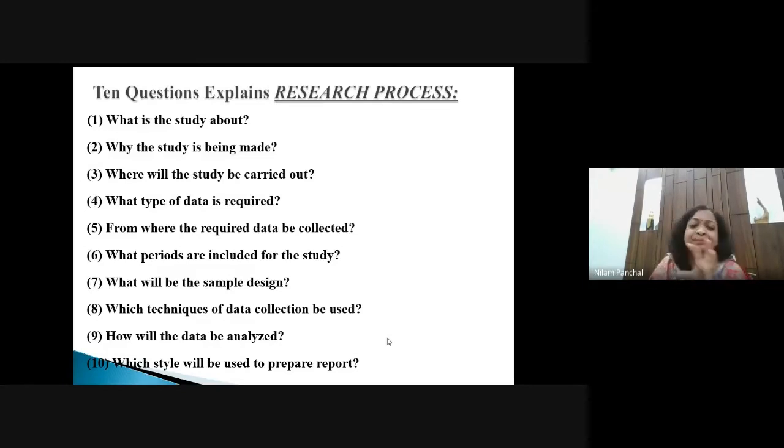So the point is, when we are saying research process in general, what is important for all of us is to jot down the answer of these questions. And once we have answers to these questions, that means we are clear with the flow. Believe me, once you are clear with the flow, reaching the result is not a big deal for you. It's a small deal. Why? Because you know where to go.